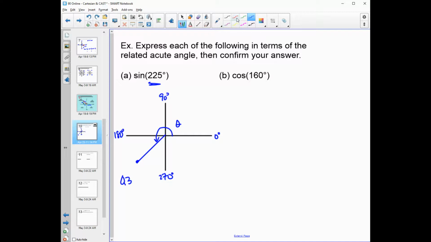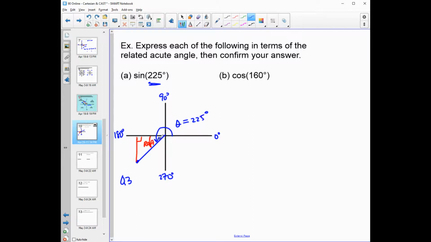And so now the question becomes, okay, how can I express this in terms of the related acute angle? Well, if I make a little right angle triangle, then my related acute angle must be there. And so we know theta is equal to 225.